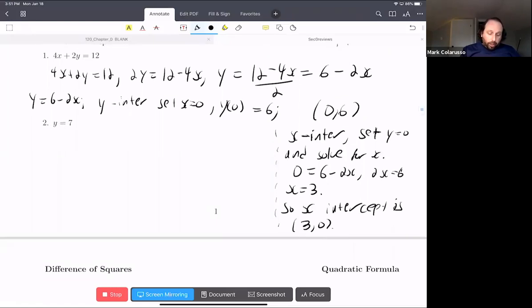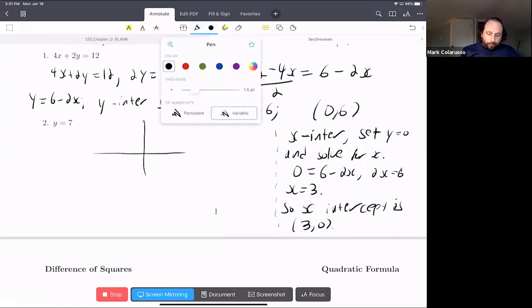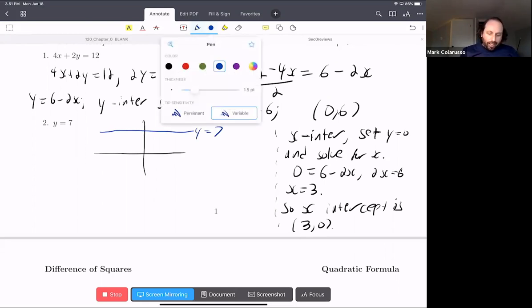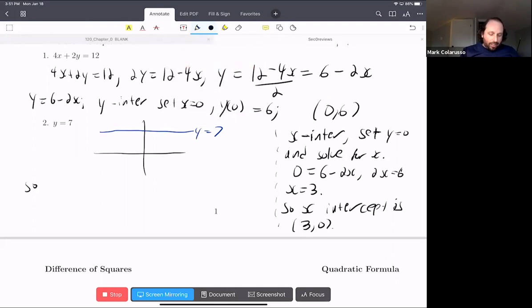What about y equals 7? Well, this one's actually just easy peasy. We can even just think about what the graph of this looks like if we wanted to. y equals 7 is a horizontal line at height 7. So the y-intercept is (0, 7), and there are no x-intercepts.